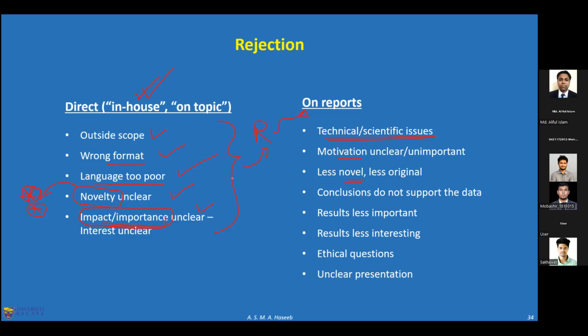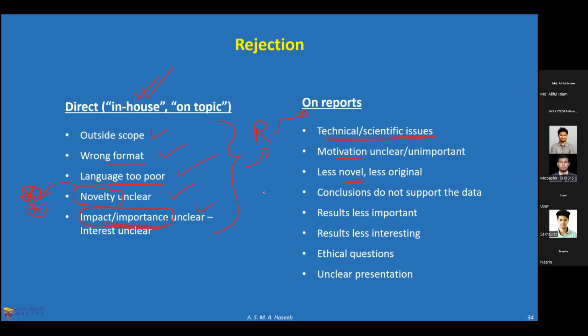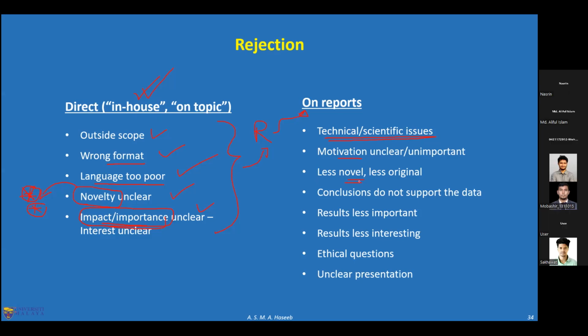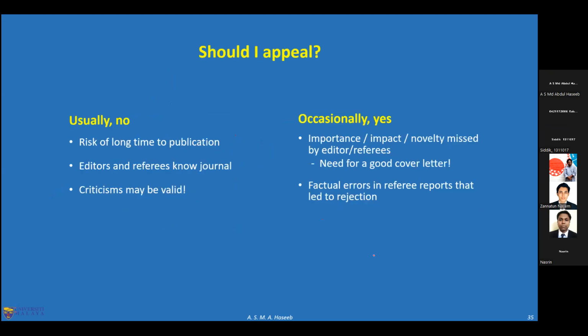So even though it may pass the in-house scrutiny, the reviewers may object that the novelty is not clear. Conclusions are not supported by data. So you have to be very careful about each and every section of your manuscript. The results are not so interesting, not so important. You may find some ethical issues in your work. Presentation is not clear.